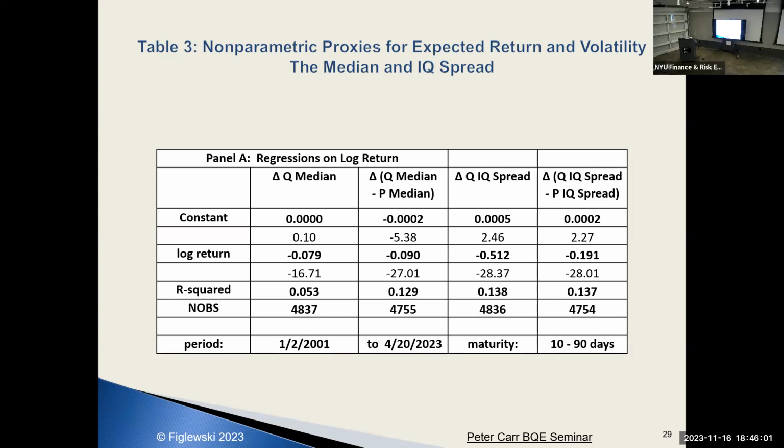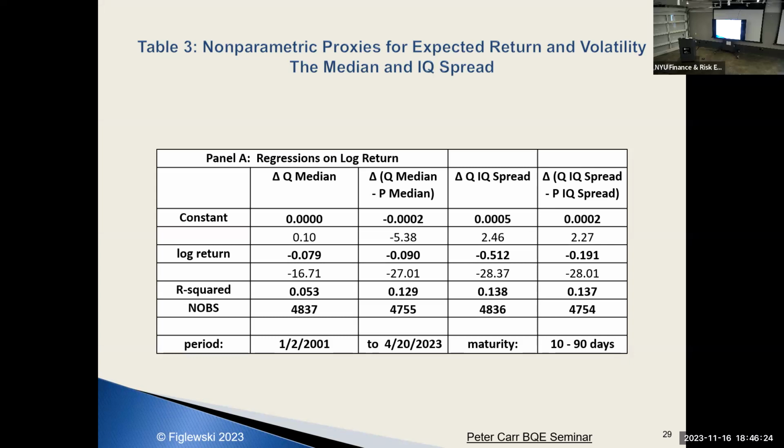Here's another way of looking at it that's more analogous to what we normally look at when we're looking at no arbitrage models. We want to look at the mean and we want to look at the standard deviation. Well, we can't have either of those for the Q distribution because we can't get the tails.